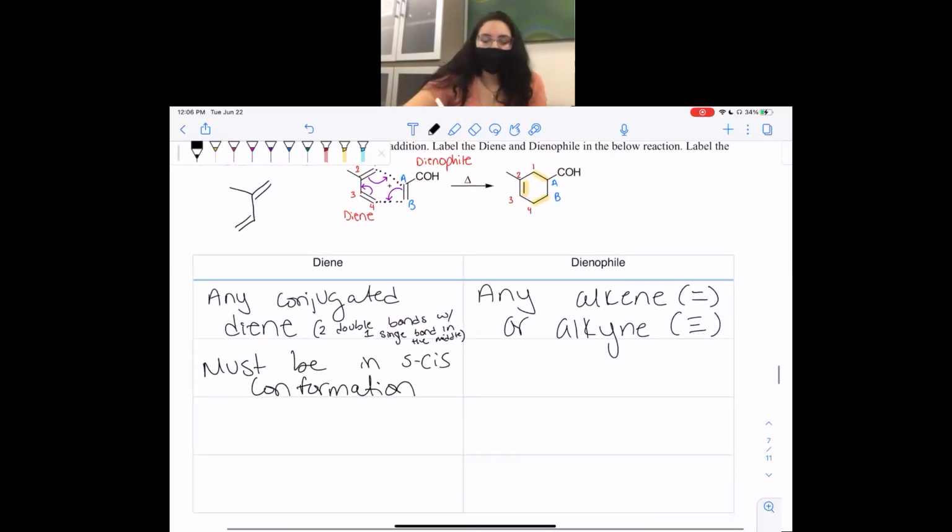All right. So for the double or triple bond, we don't have a certain conformation it has to start in, but we have to maintain whatever configuration we have.